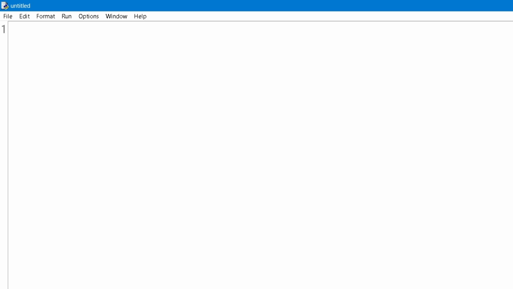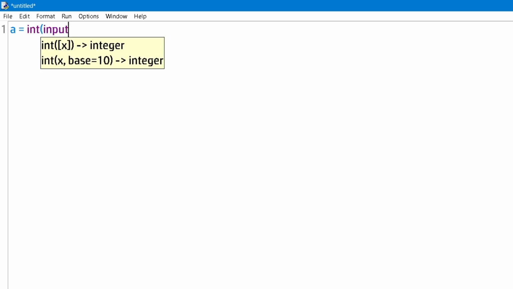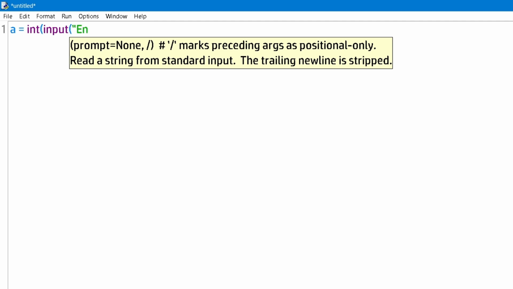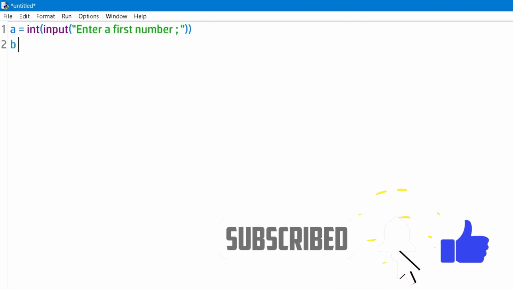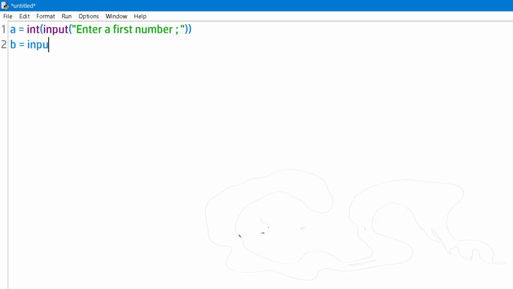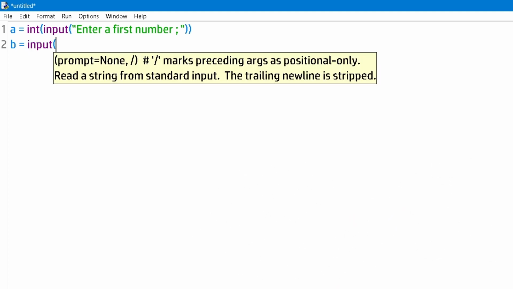So I'm gonna write a program. a equal to int input, "enter a first number". b equal to input. Here we will not use int as we are not entering an integer value; we are going to input a string value.